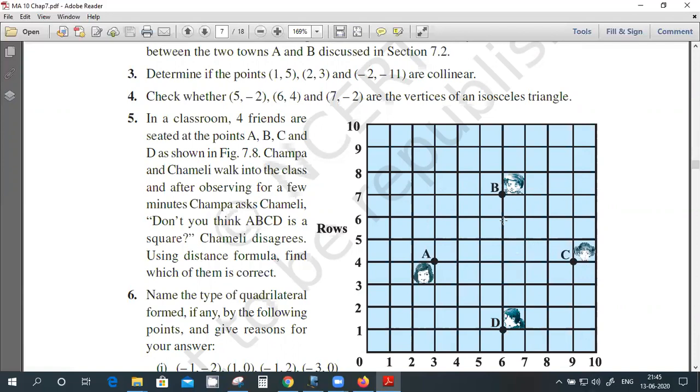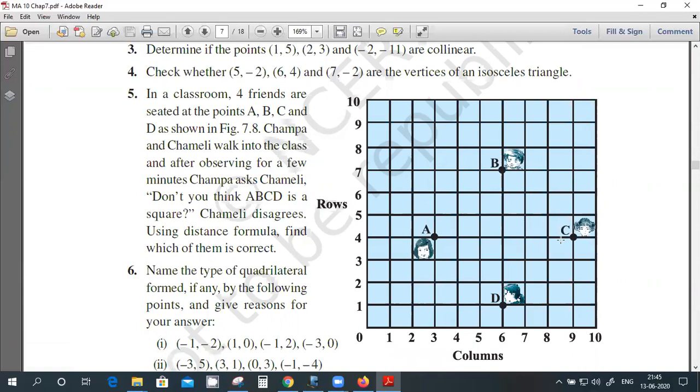How do you find the distance between A and B? The coordinates of A are 3, 4 and B are 6, 7. We use the same method.